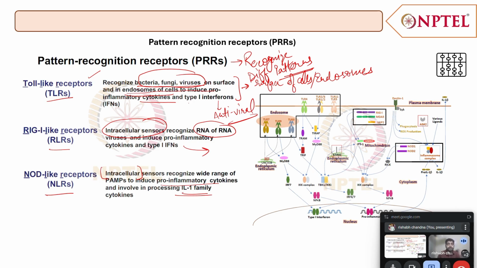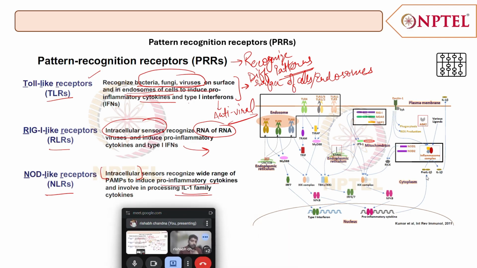Here are some examples of the TLRs and how they are present over the different surfaces. We have TLR4, TLR2, TLR6, TLR1 and 2, and TLR11 and 5 that are present on the surface.